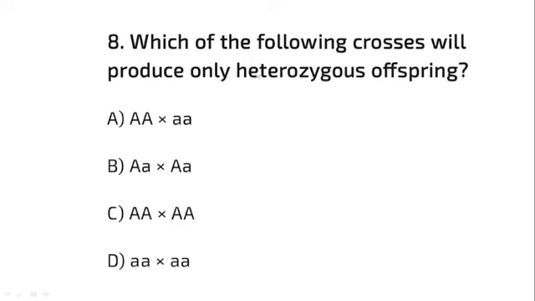So we are saying, which of the following crosses will produce only heterozygous offspring? The cross that will give us heterozygous offspring is A. When we cross the homozygous dominant with the homozygous recessive, this will give us the heterozygous offspring.